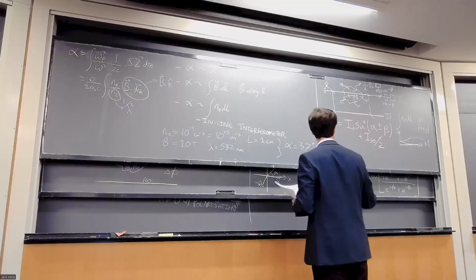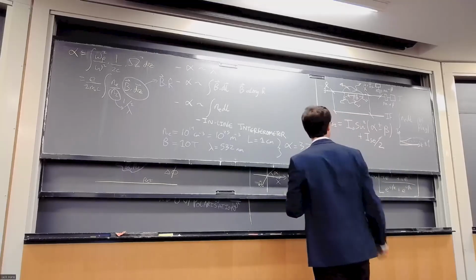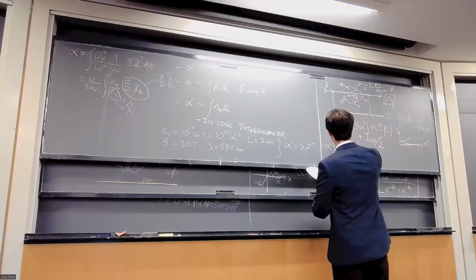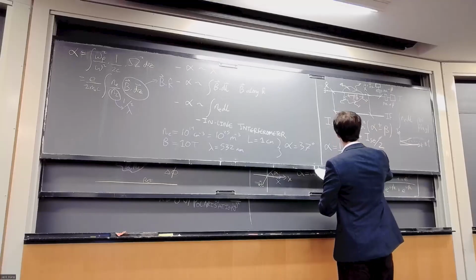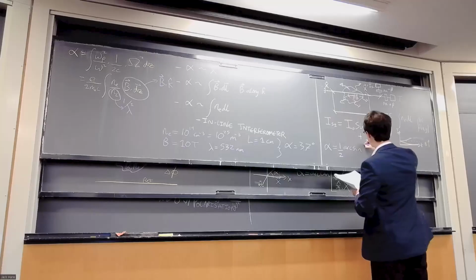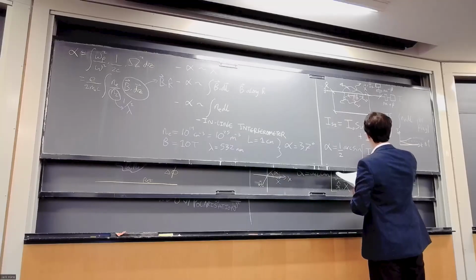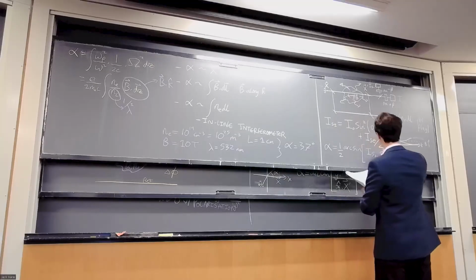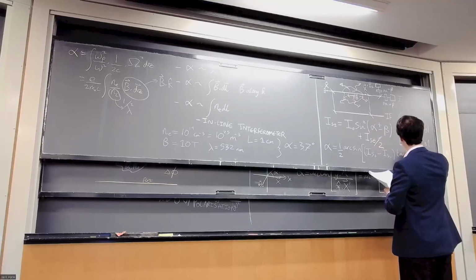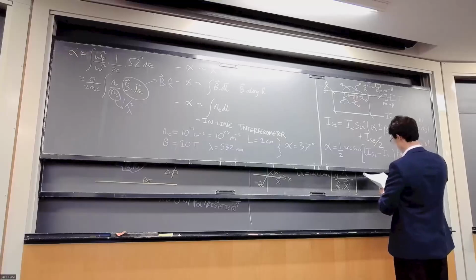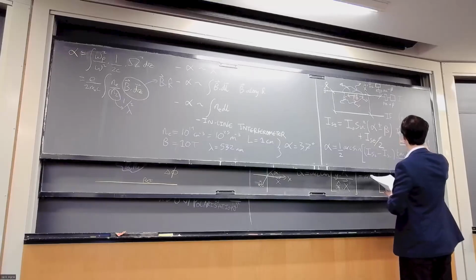And so this immediately suggests that you can combine them in some way to make a differential measurement of alpha, which becomes a half of arcsine, the intensity on the positive branch minus the intensity on the negative branch, and all of that times the tangent of beta over 2.